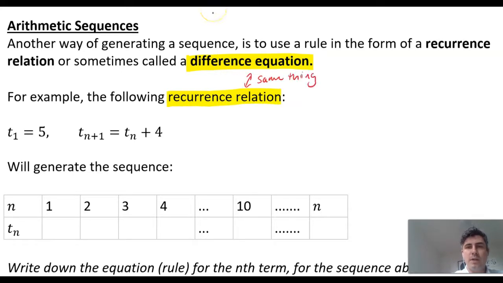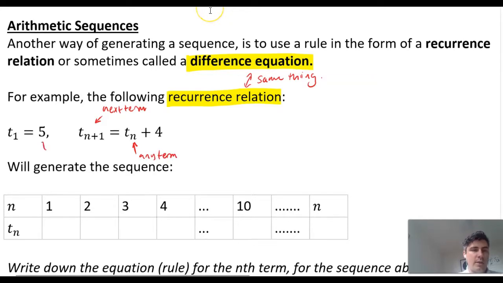The way that this works is a little bit like an algebraic rule, but not quite the same. It shows you how to find the next term in the sequence. So the way the language works is this here, Tn plus 1 means next term. So that's the next term in the sequence. Tn is any term, the term that you're currently looking at.